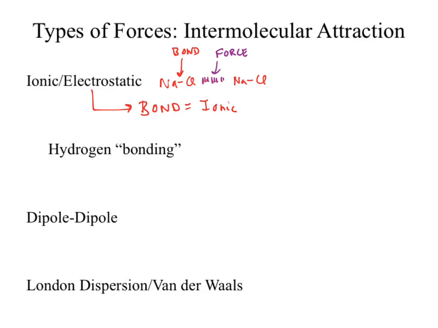So our weakest force, just right up here, this is our strongest force. Our weakest force is in the Van der Waals. When did we get the weakest force? What type of bond structure did I need? I needed a covalent bond.